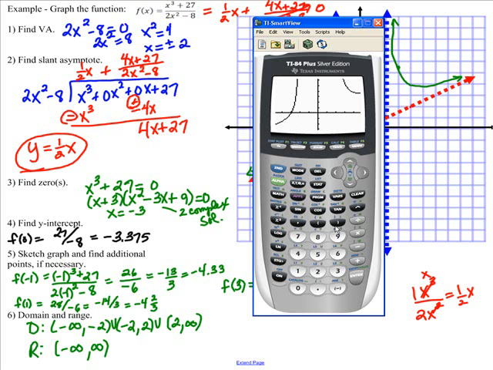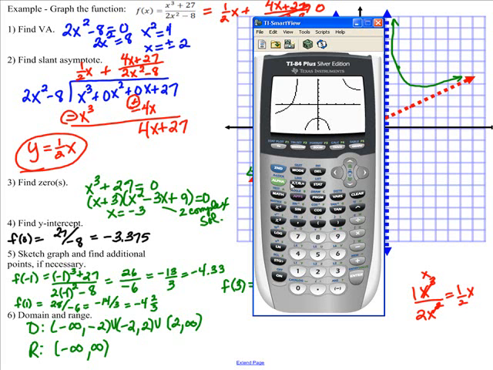Now why am I not seeing my middle piece? It's because I was in the ZDecimal mode. If I go to my window and I extend my y min to a negative 6.2, or I can put it in the standard viewing window, I see the graph that I need.